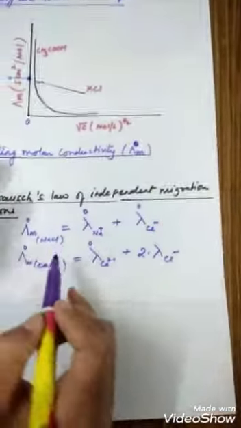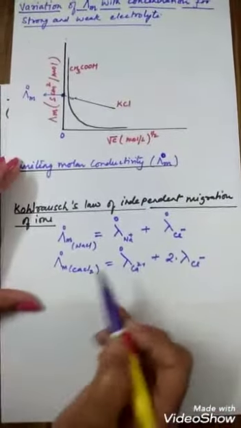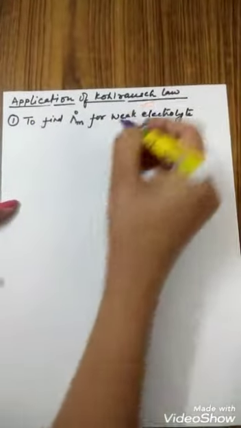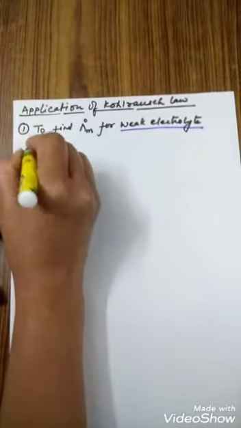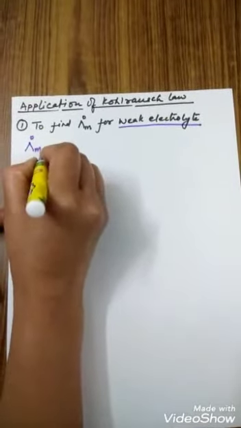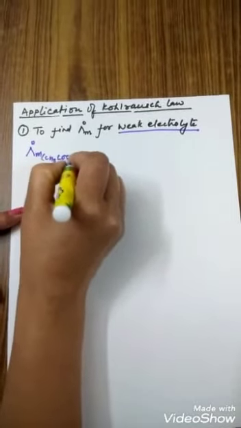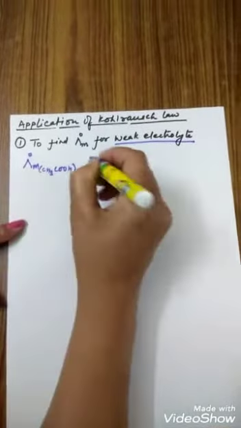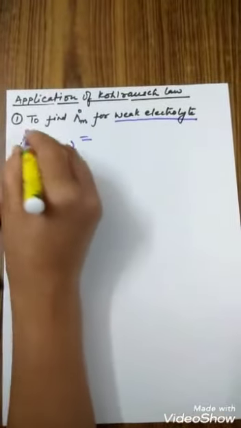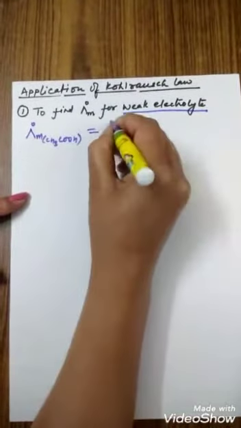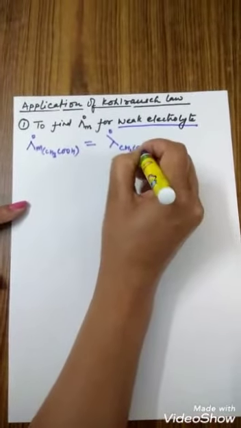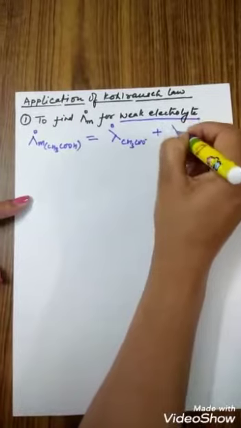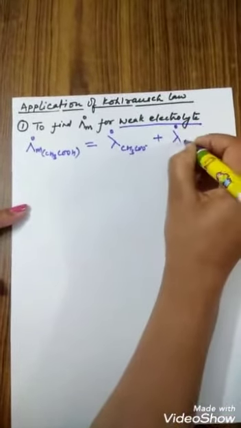But by using Kohlrausch law, with the help of strong electrolytes, we can find lambda m naught for weak electrolytes. For example, if we have to find lambda m naught for acetic acid, which is a weak electrolyte, by Kohlrausch law the limiting molar conductivity of acetic acid would be equal to the ionic conductance of acetate ion plus the ionic conductance of H plus ion.